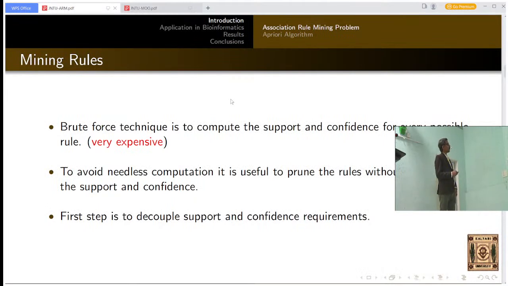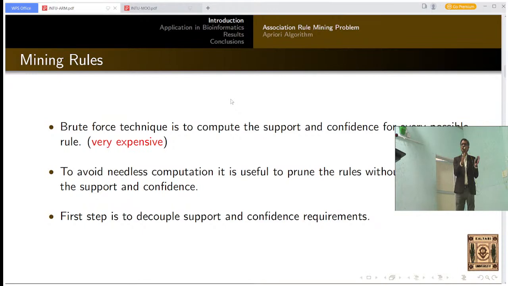One way to solve the problem is to use a brute force technique. Now, what is a brute force technique? This is an exhaustive search. Suppose you have n number of items in the data set. Generally we divide the whole process into two steps.